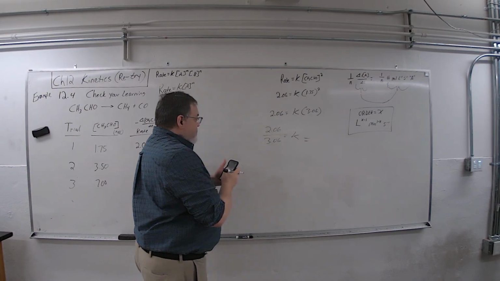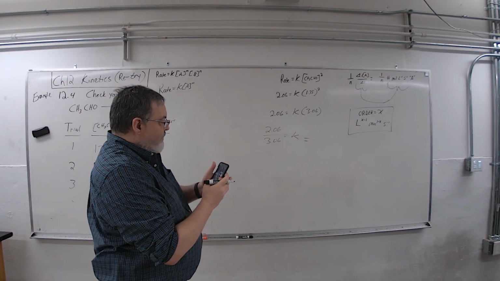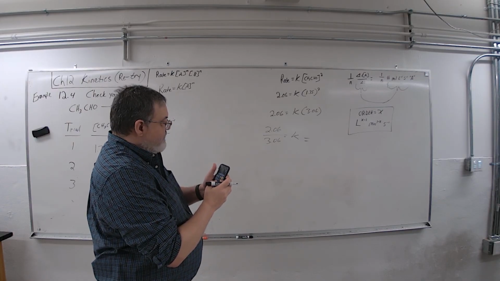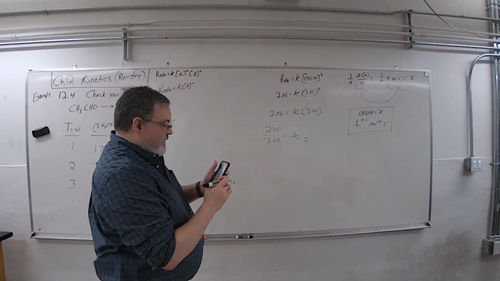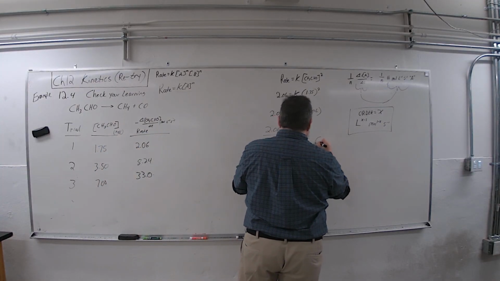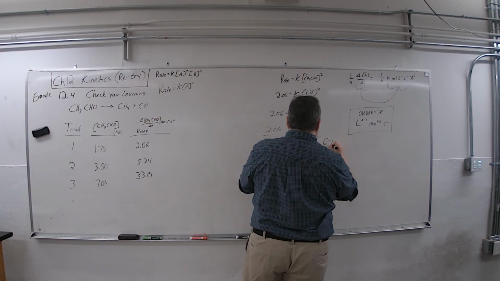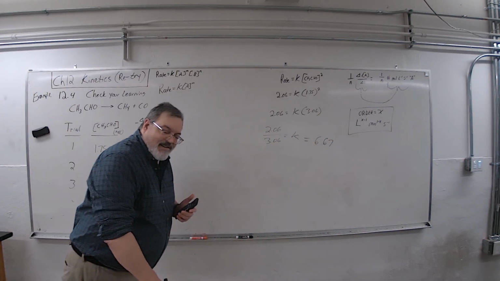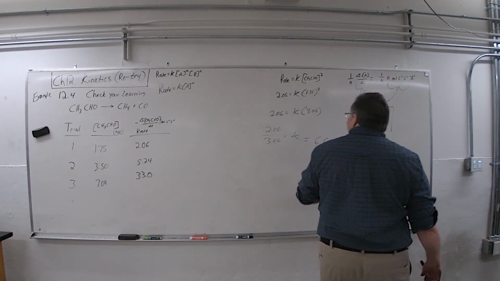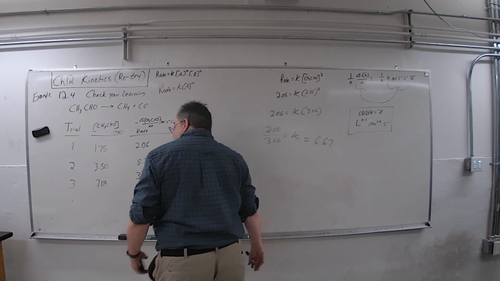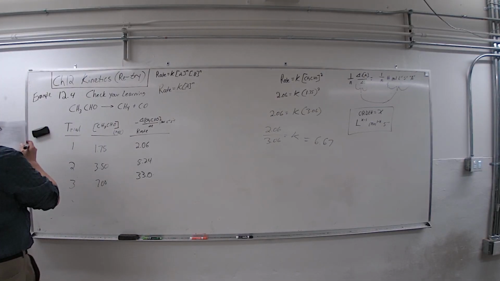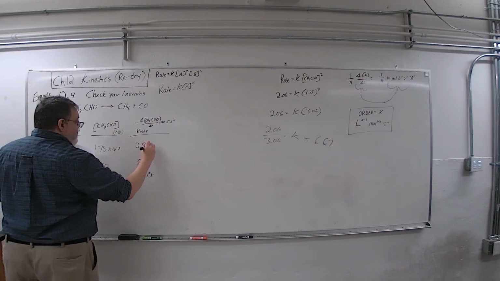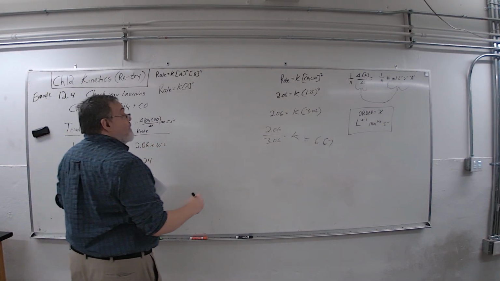So K equals 3.06... Oh, I forgot the powers of 10. It does matter. These were -3 and these were -11. Crap.